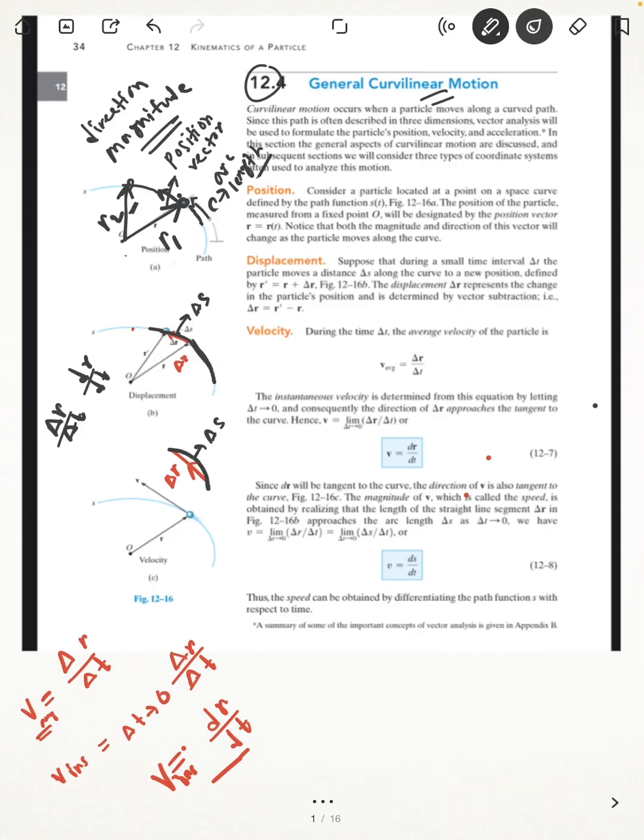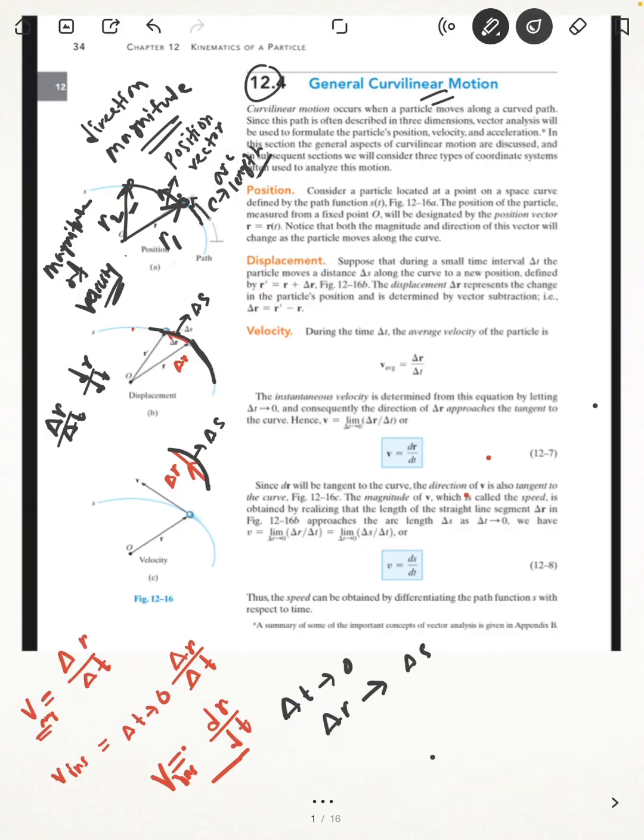Now what is the speed? By definition, the speed is the magnitude of velocity. As you can see, for a small del t, if del t approaches 0, then del r also approaches del s.